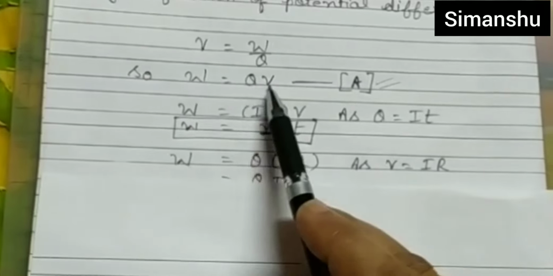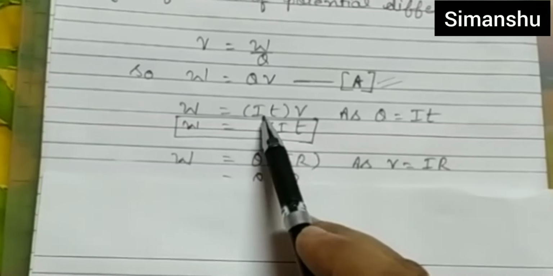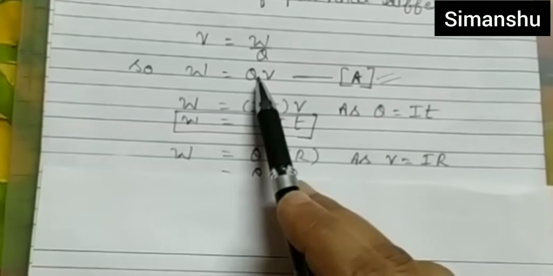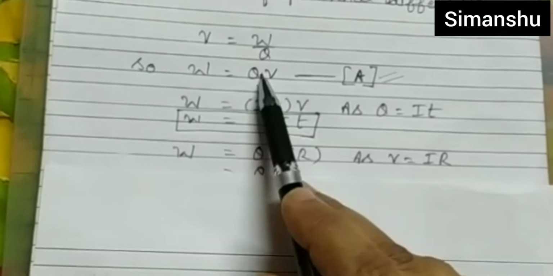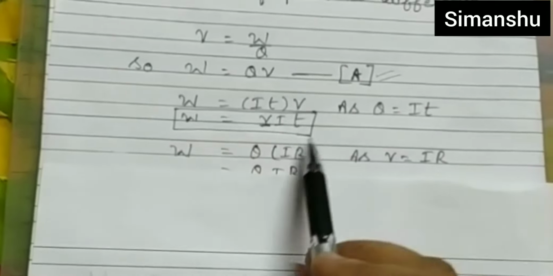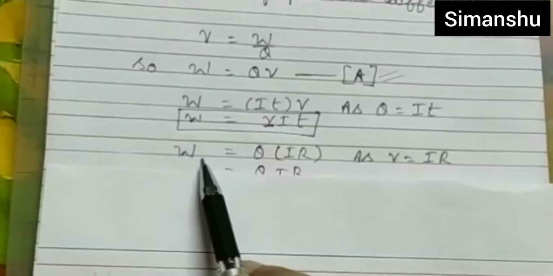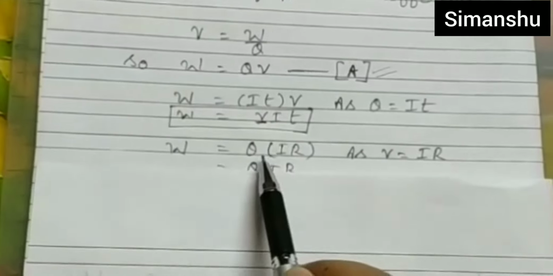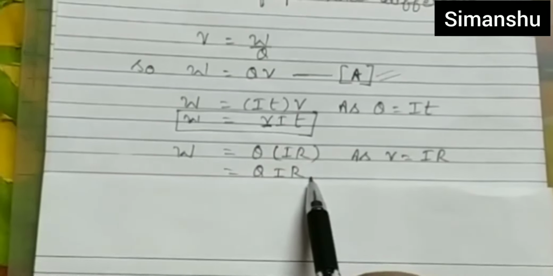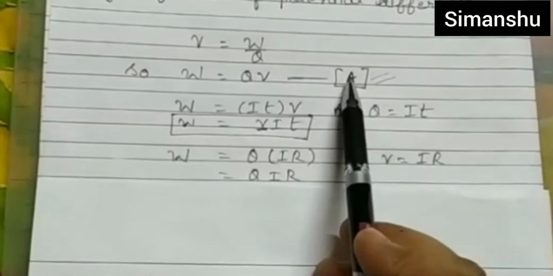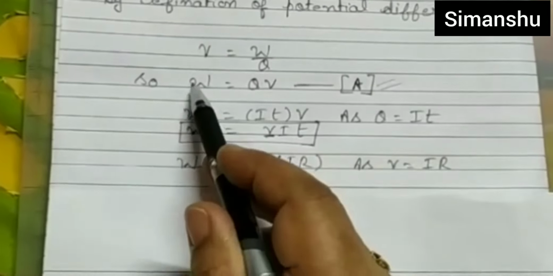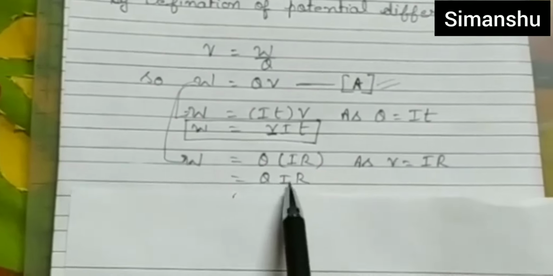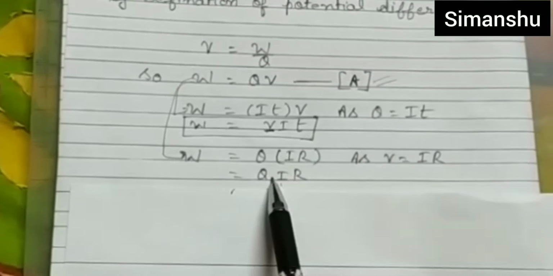Here are two terms, Q and V. The first time we utilized the value of Q. In the next one, instead of putting the value of Q, we will put the value of V. So it is QV, and instead of V, I had written IR. It became QIR. So from this one expression you got this and this, two formulas you are having now.